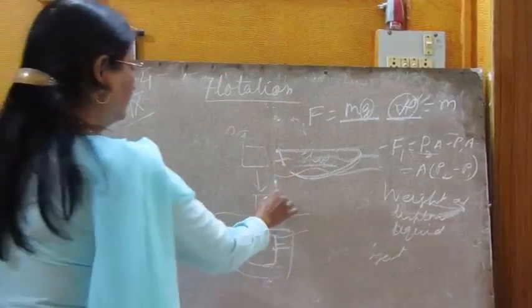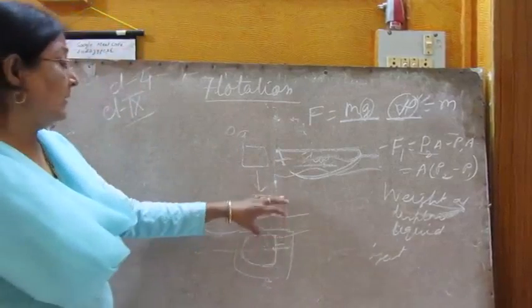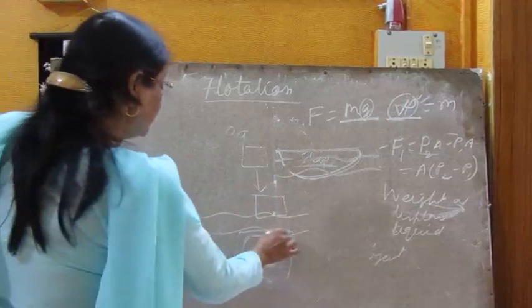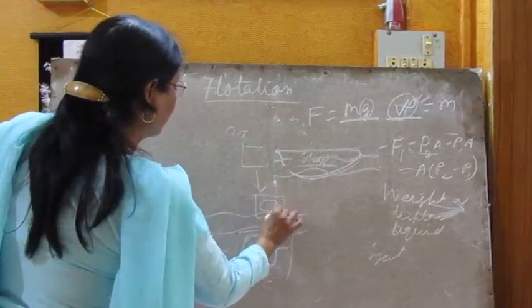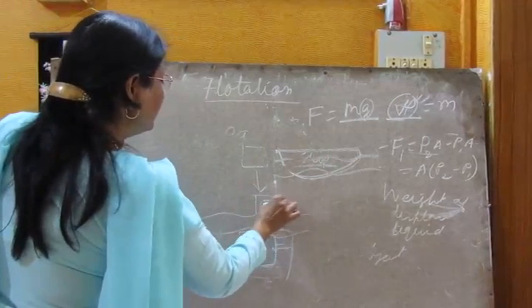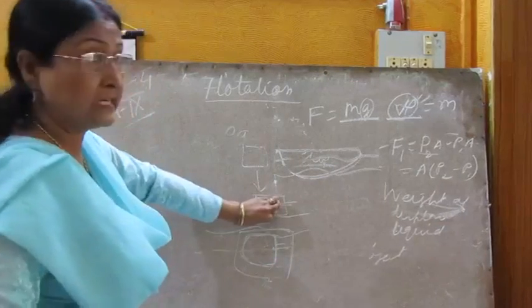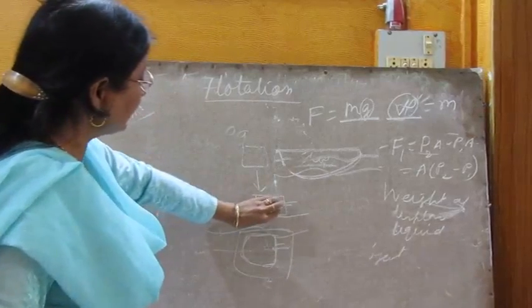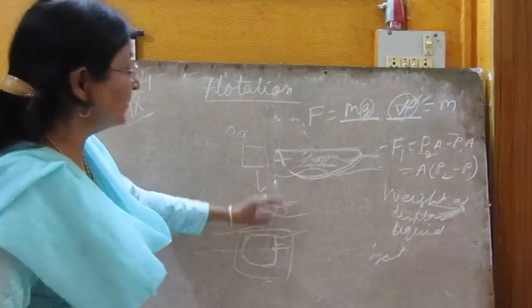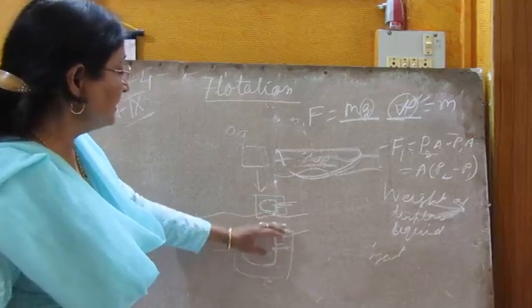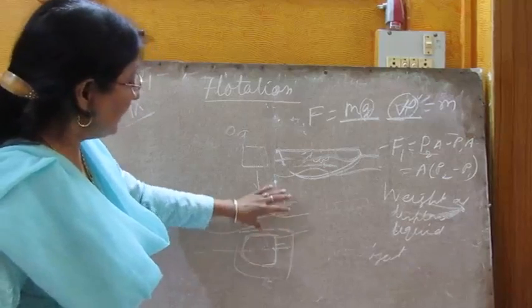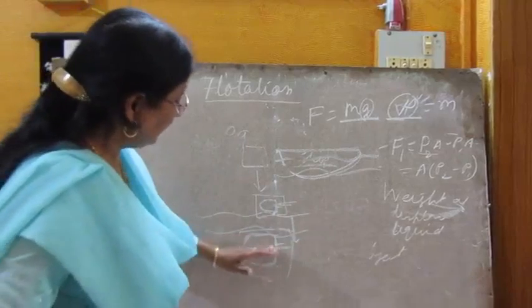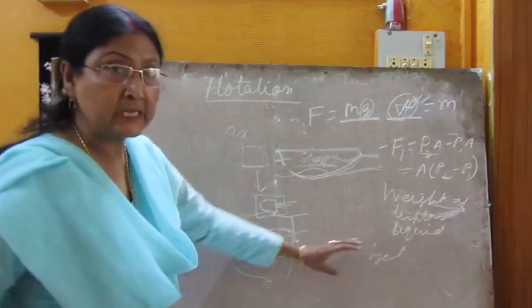Then he has to increase its weight. This ballast tank has a nozzle, and he lets the water get inside. If the water fills the tank, the submarine's weight is more than the displaced water, and that's why the submarine will go down and float inside the water.